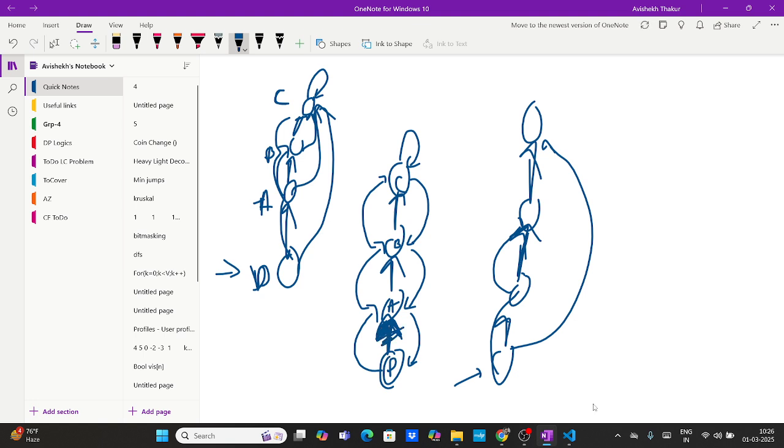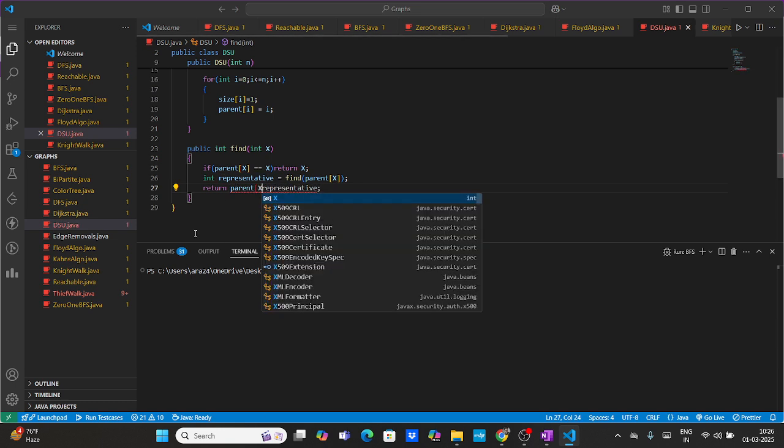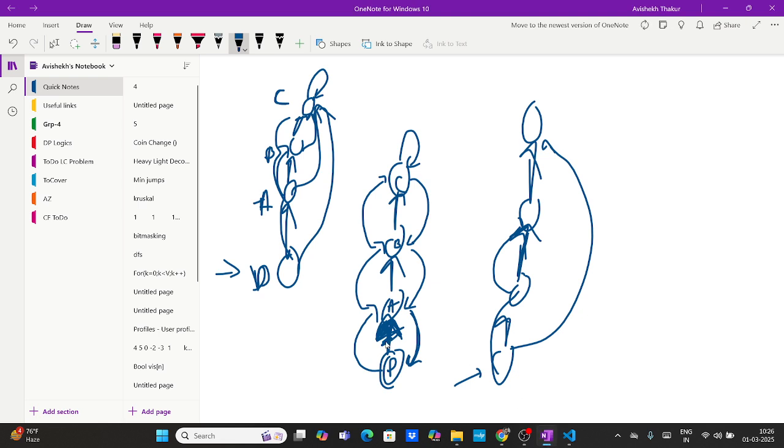So instead of this, since we got C here, can I write this now? Does it make sense? Is the recursion clear? What will D get?